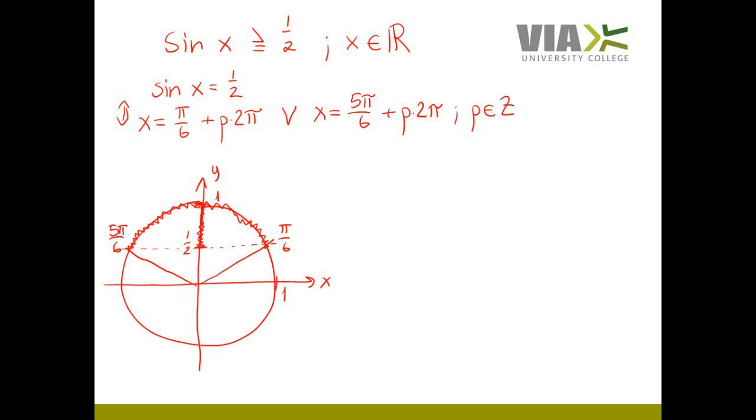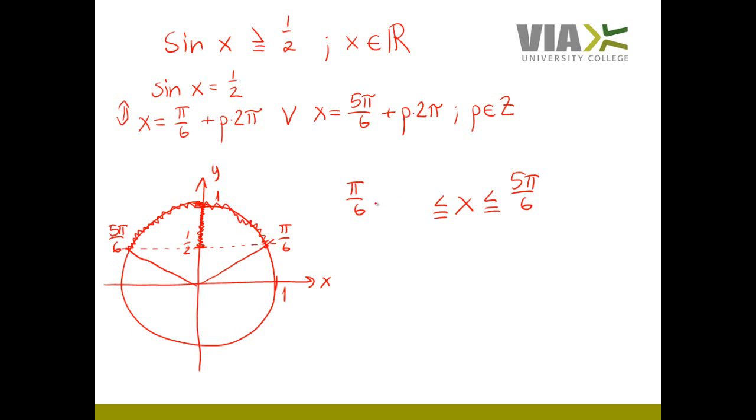So now we are able to conclude on the solution to the trigonometric inequality sine x greater than or equal to 1 over 2. That must be that x has to be greater than or equal to pi over 6 and smaller than or equal to 5 pi over 6. And since we don't have any restrictions to x, we can see that every time we add one journey, that is every time we add 2 pi, then we'll get back to another solution area.